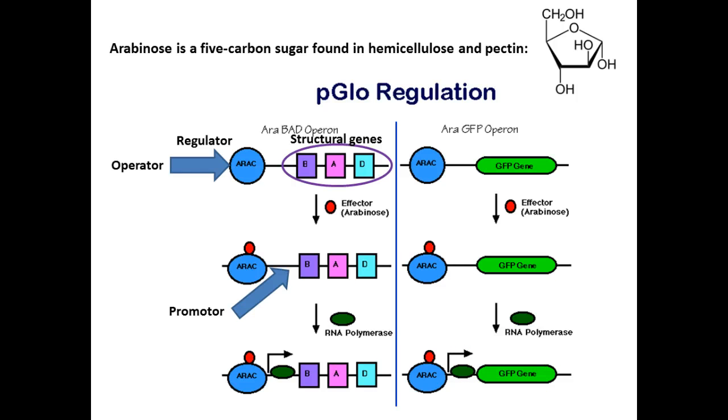In this case, instead of making the enzymes to digest arabinose, we've tricked it and we've put GFP there, green fluorescent protein. So only when the sugar is present do we get this chain reaction, right, of it binding to the regulator and the promoter being available for RNA polymerase to bind, and we produce green fluorescent protein. So only under this condition of having this sugar is the cell actually going to make green fluorescent protein.